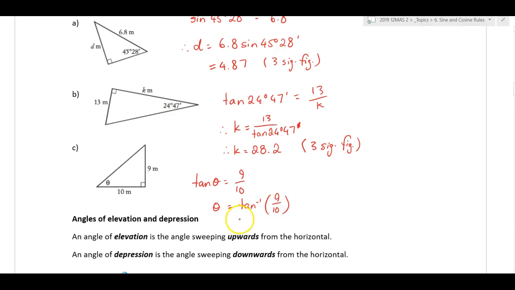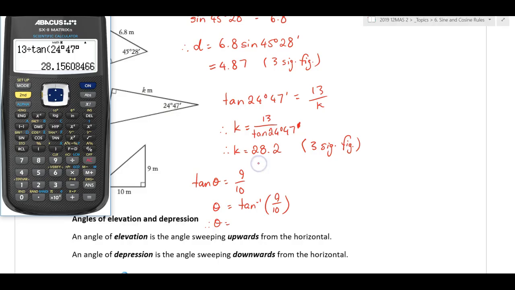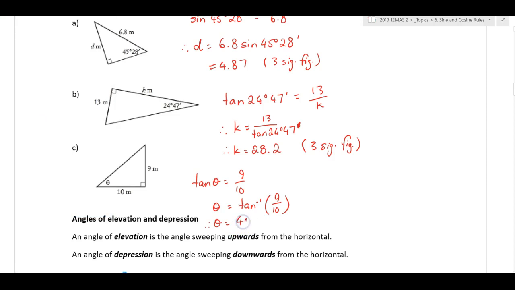Therefore, theta equals, clear, inverse tan, second function tan, of 9 over 10, equals 41.98, or in degrees, minutes, seconds, 41.59. I think it's probably okay to say that's pretty close to 42 degrees. I'm going to say nearest degree.